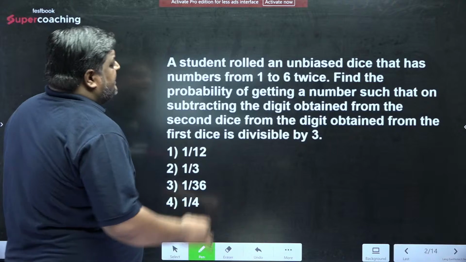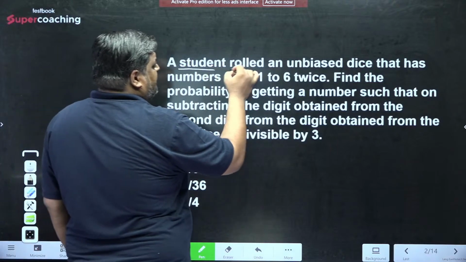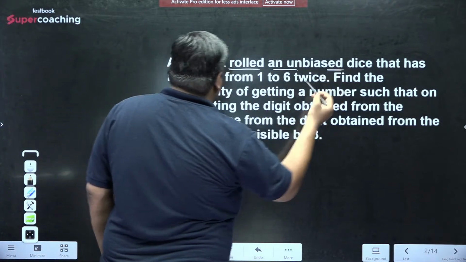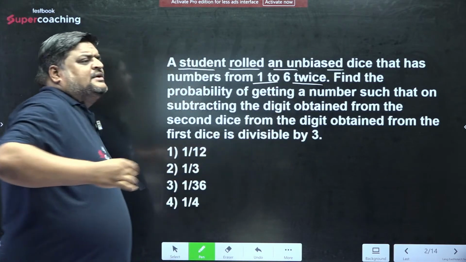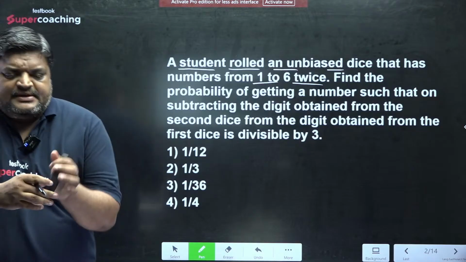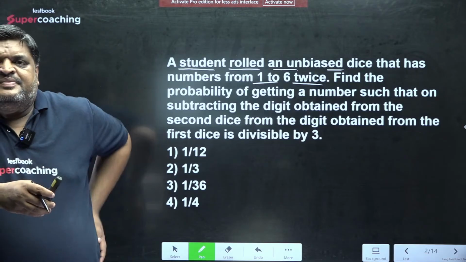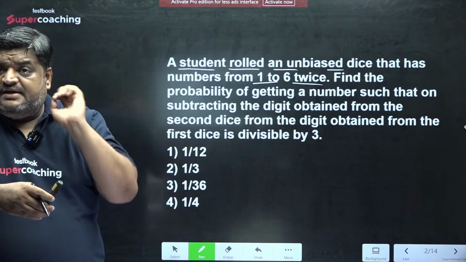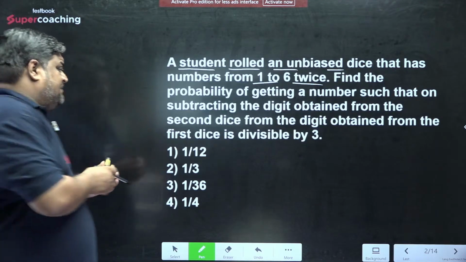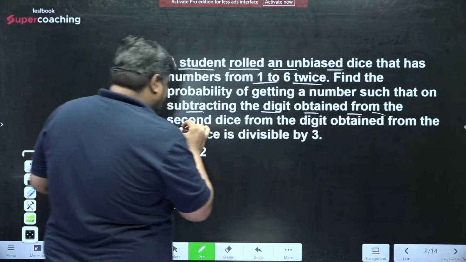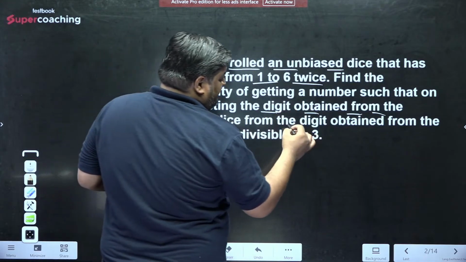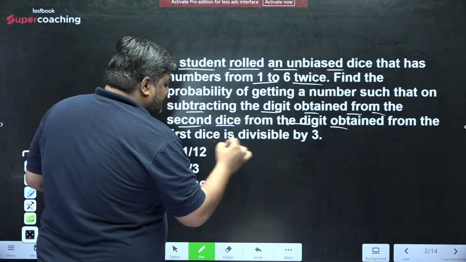चलो देखो क्या था इस क्वेश्चन में. A student rolled an unbiased dice that has numbers from 1 to 6 twice. Find the probability of getting a number such that on subtracting the digit obtained from the second dice from the first die is divisible by 3.